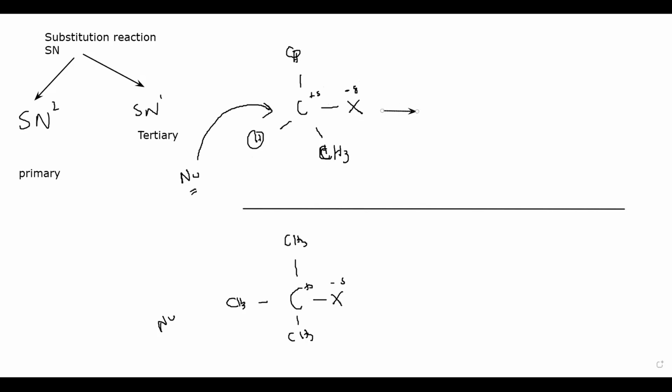Two things happen at the same time, bond breaking and bond forming: the central carbon forms a bond with the nucleophile and breaks the bond with the halogen. This is the intermediate, and at the end the halogen goes out. As a result, the nucleophile is attached to this carbon.